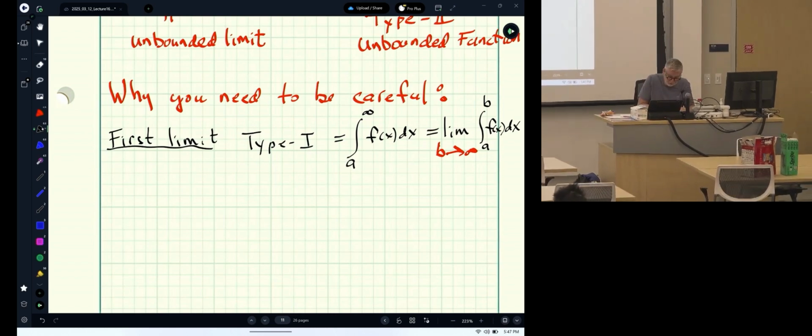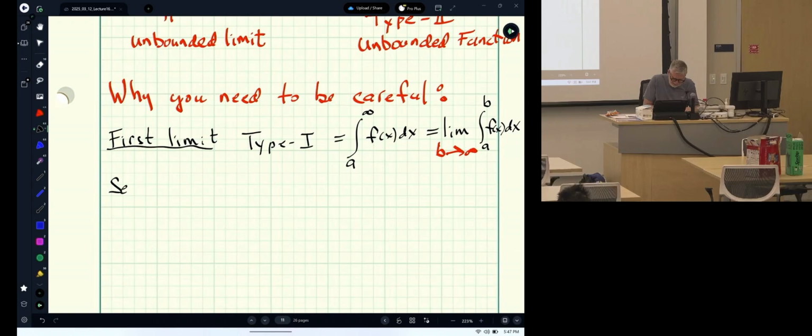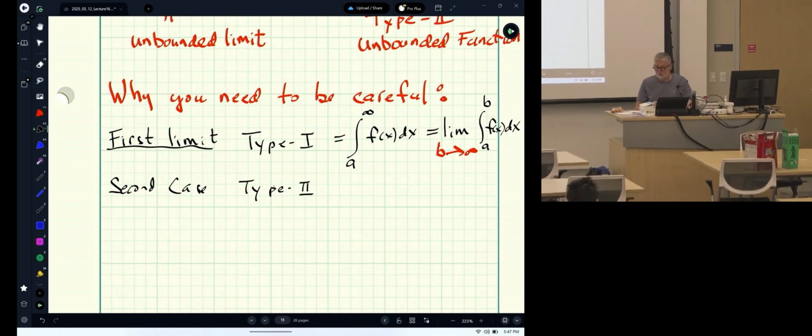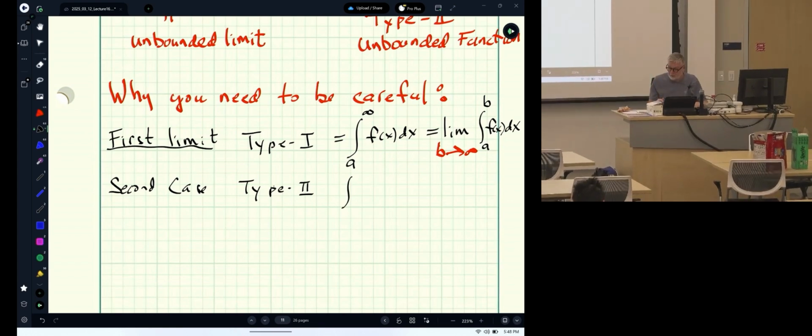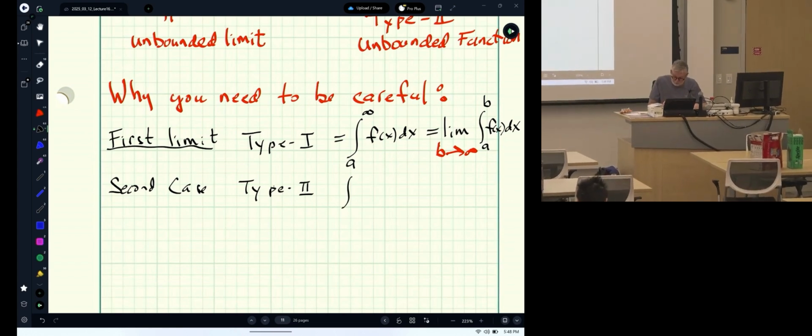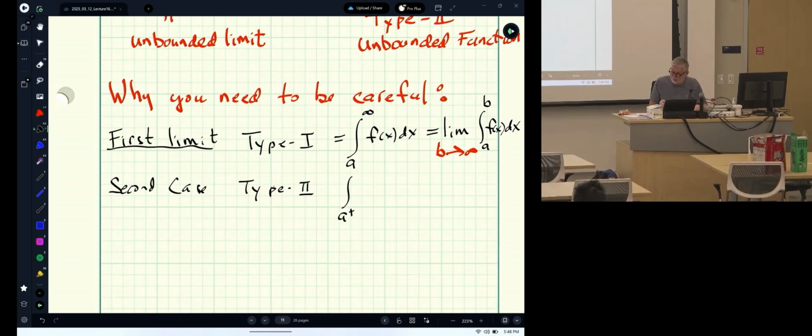And then the second case, type 2, the limit from, let's say, a plus to b f of x dx is equal to the limit, let's say, alpha approaches a plus integral a to b f of x.